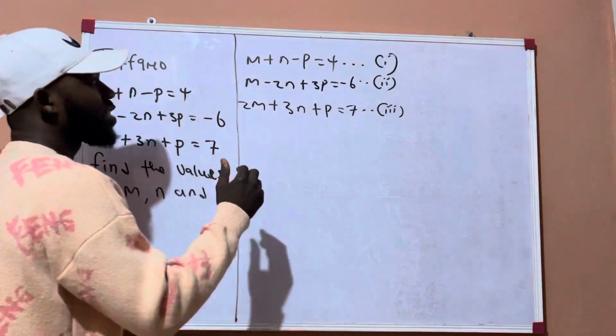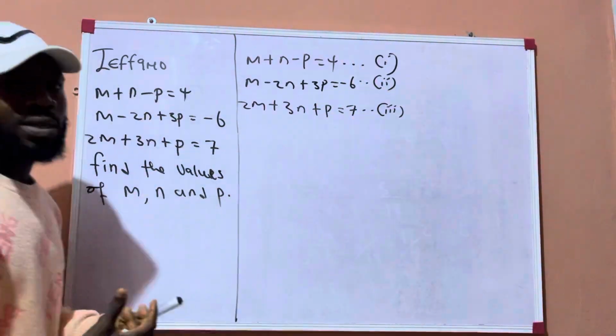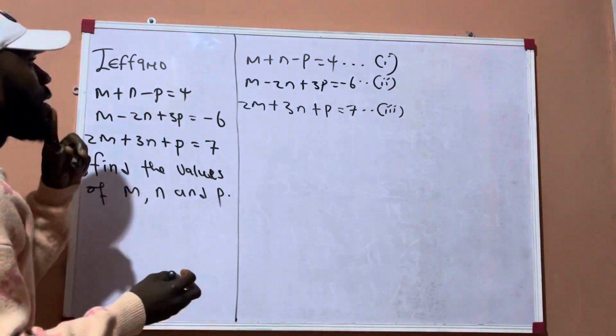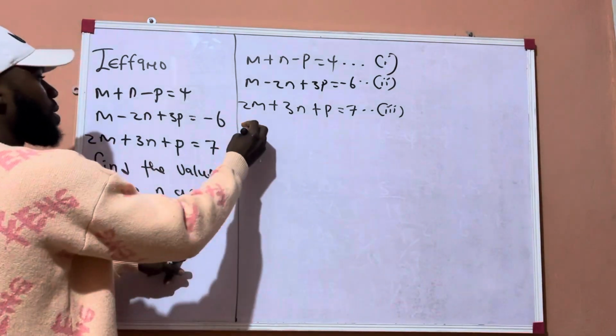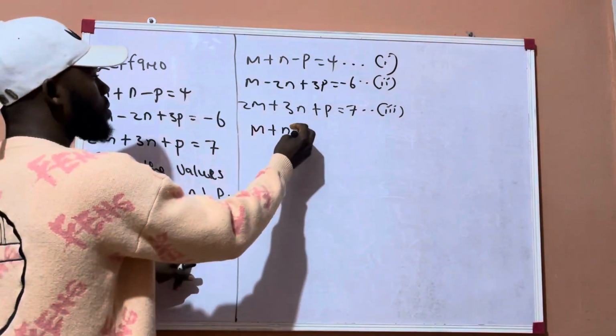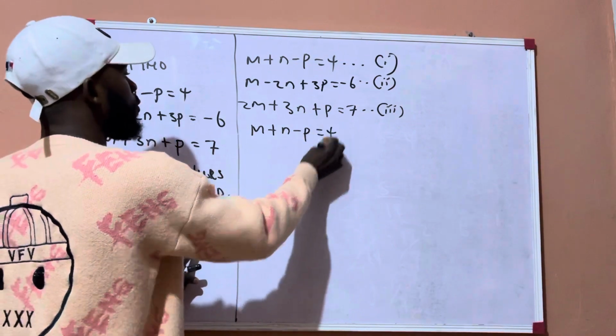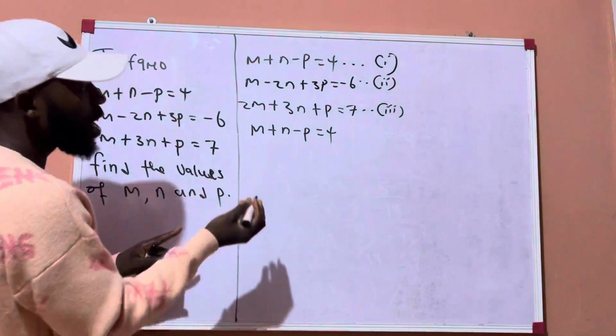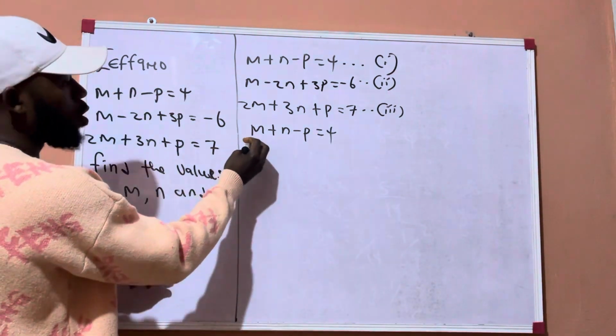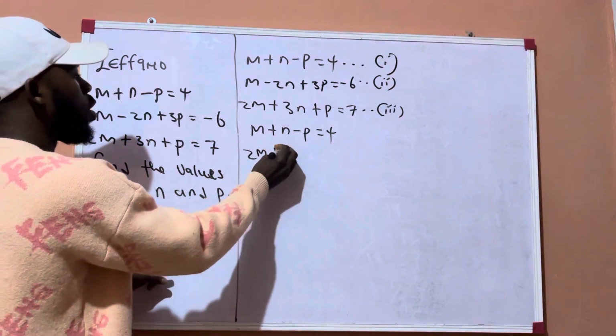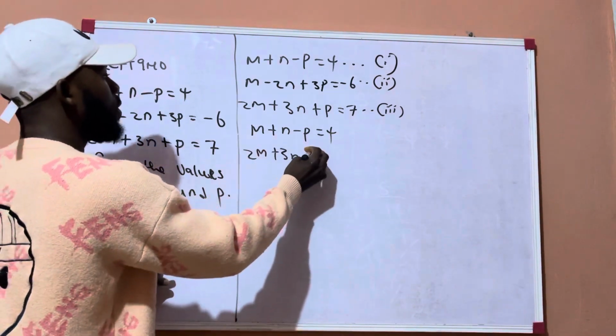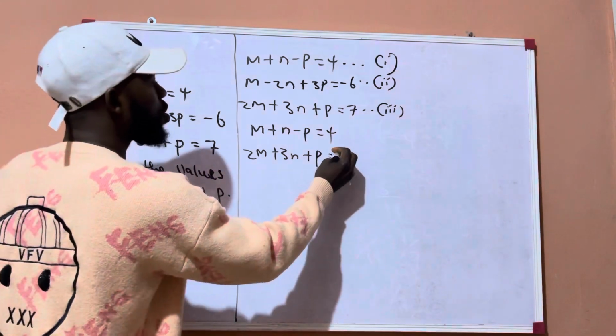Step 1, I solve with equation 1 and equation 3. Now, let's bring equation 1 and equation 3 down. Equation 1 says M plus N minus P equal to 4, and equation 3 says 2M plus 3N plus P is equal to 7.